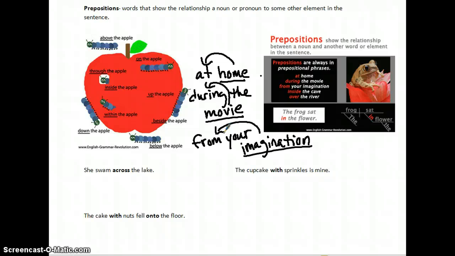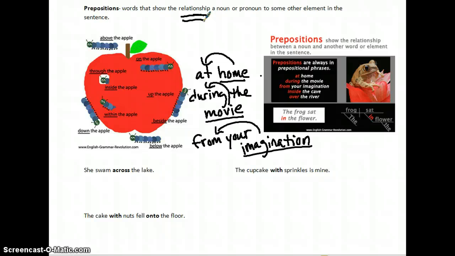Now these prepositional phrases are interesting because they modify or show some kind of relationship to, remember, to use the definition, some other element in the sentence. They modify or describe sometimes nouns in sentences and sometimes verbs in sentences. And therefore, prepositional phrases are really versatile.